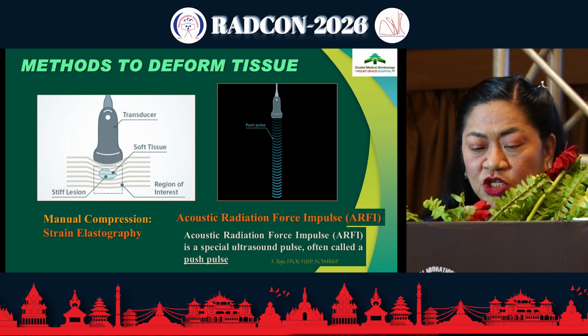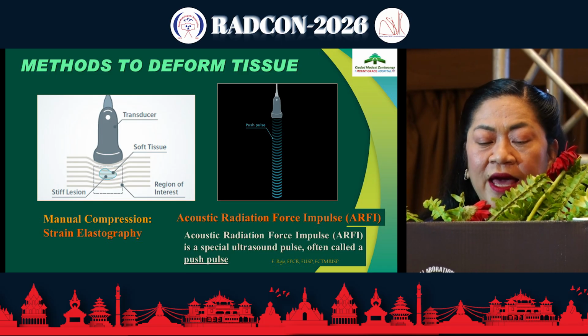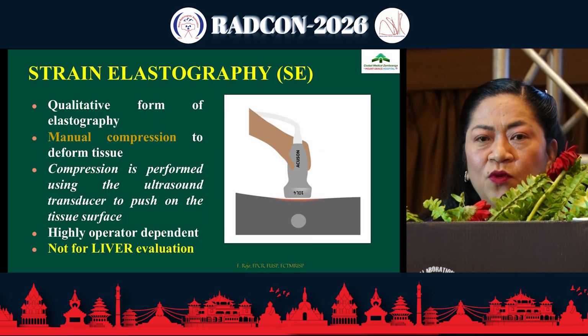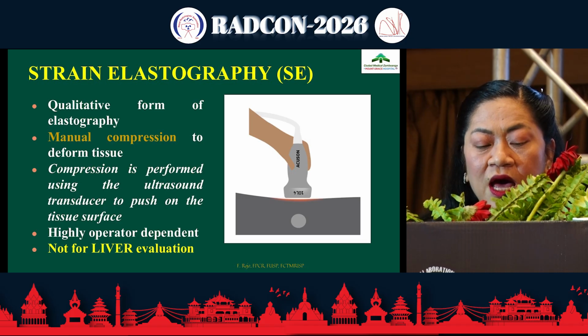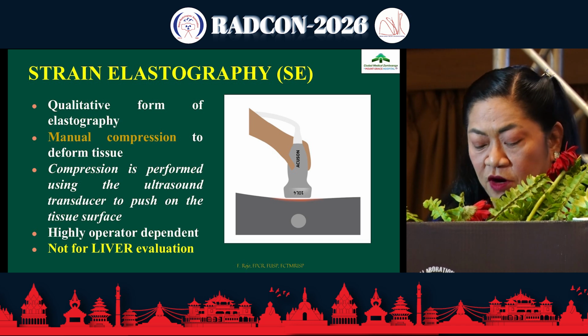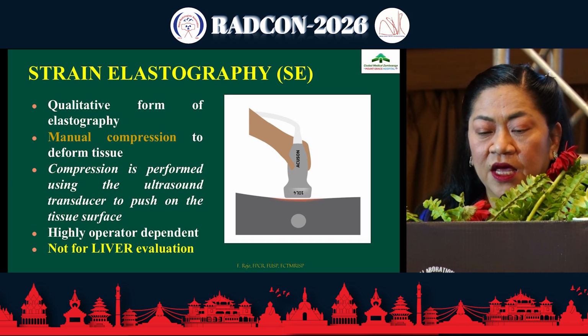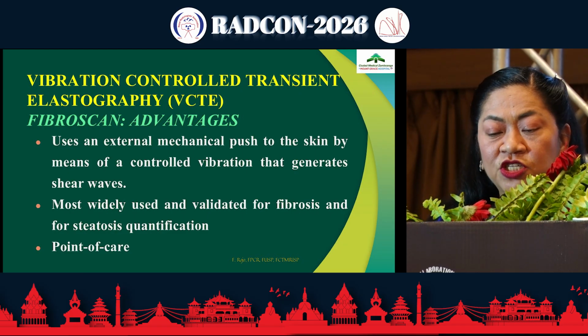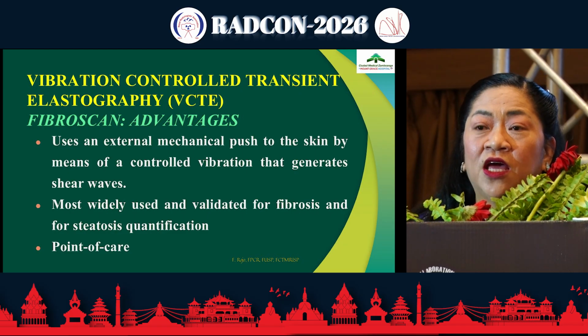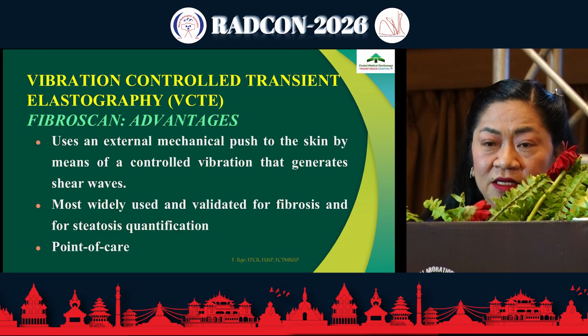So again, strain was a manual form used to deform tissue. However, now we do not use this anymore for liver evaluation. And I think this one is more familiar to you, vibration-controlled transient elastography, which is FibroScan.